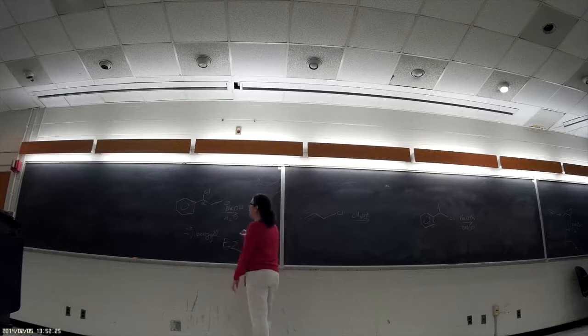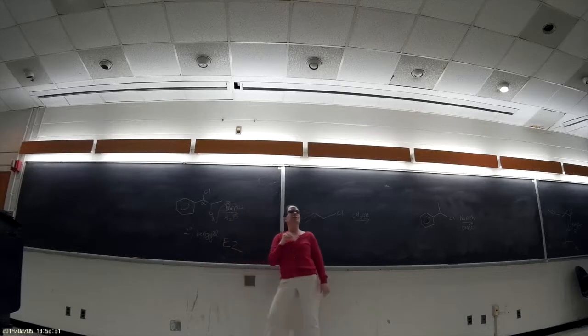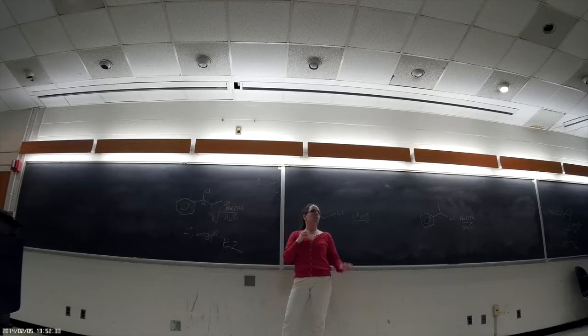And this E2 mechanism, in essence, means that the OH minus is going to pull a proton from what we would say is the beta site. Remember, we always pull from the more substituted beta site unless I'm using tert-butoxide. That's exactly right. I always pull from the more substituted beta site unless I'm using tert-butoxide.